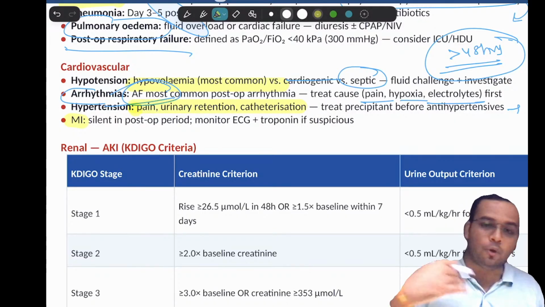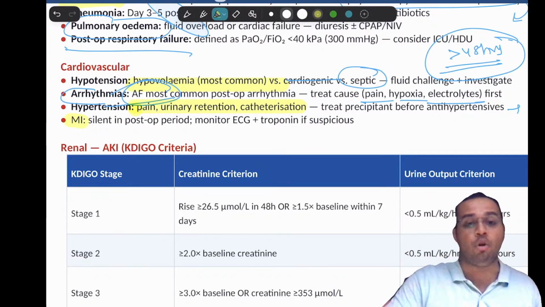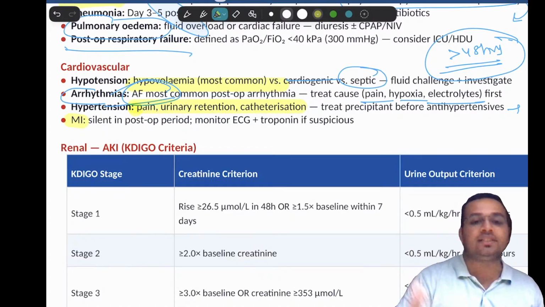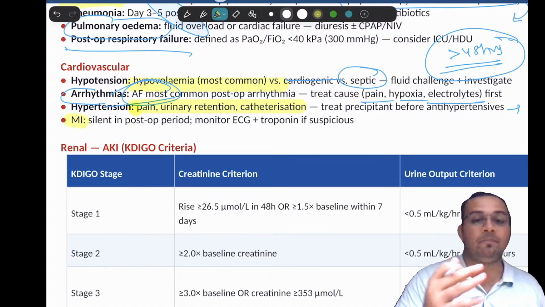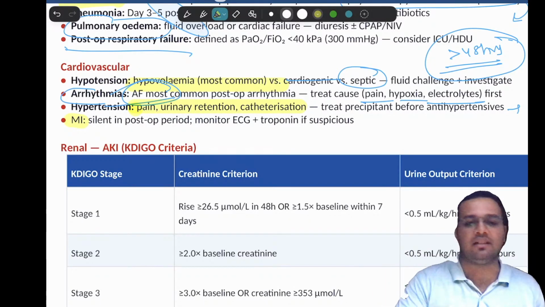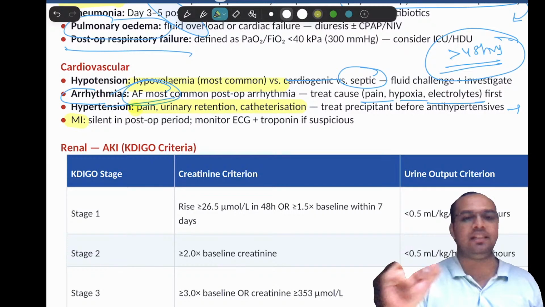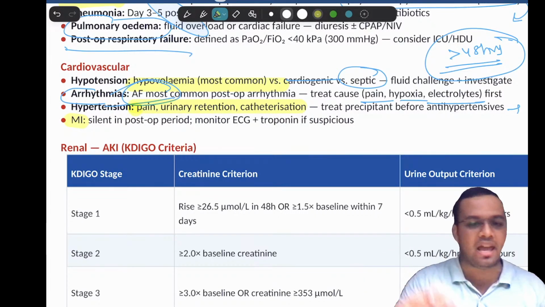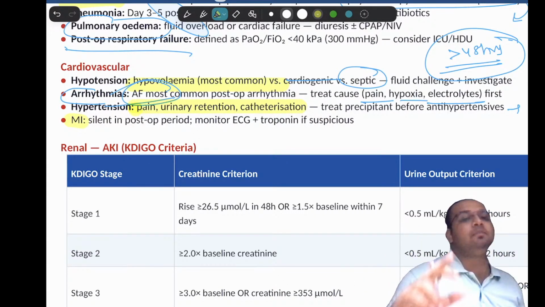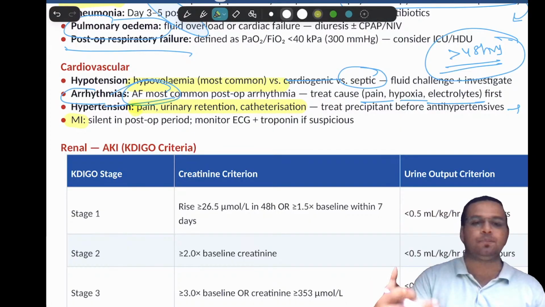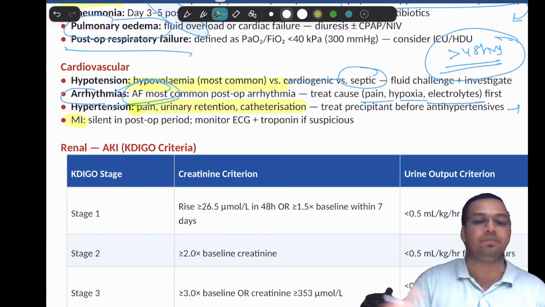But whenever you operate on any patient, that jumps to 4. And 4 metabolic equivalents means the heart is working constantly at least 3 to 4 times that of the normal. The preload is increased, the afterload is increased, and the circulation is increased. So when a patient is having chest pain, don't just neglect it. Just check an ECG, and if the patient is having MI, you can further manage it. You know the reason: the body is running into a stress response and it is pumping the blood 4 times that of the normal.